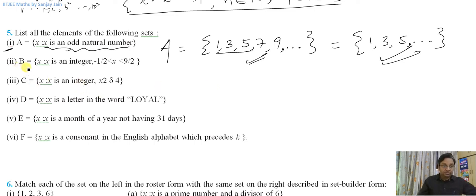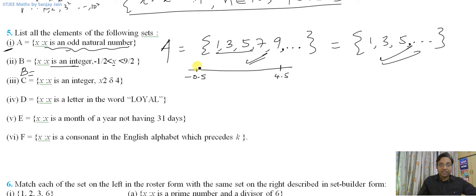All right, so look at this set B. Now x is an integer, and that integer has to be between this 9 by 2 and it should be greater than minus 1 by 2. If you look at the number line, what is 9 by 2? 9 by 2 is 4.5, right? And what is minus 1 by 2? It is minus 0.5.